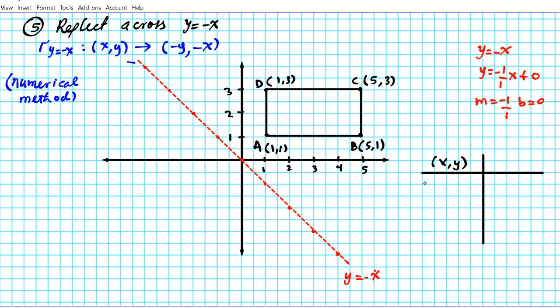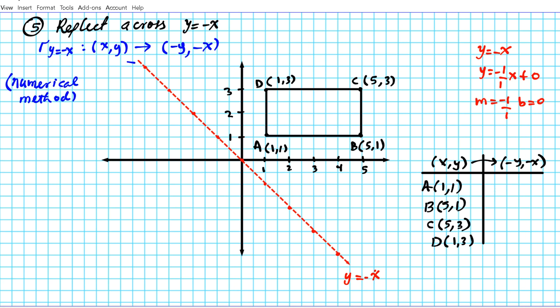Point A is 1, 1. Point B is 5, 1. Point C is 5, 3. Point D is 1, 3. Then if we apply the mapping formula, it becomes negative y, negative x: you switch the order of the coordinates and the sign.